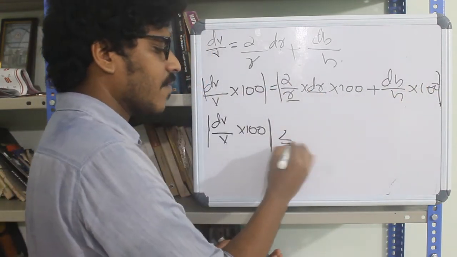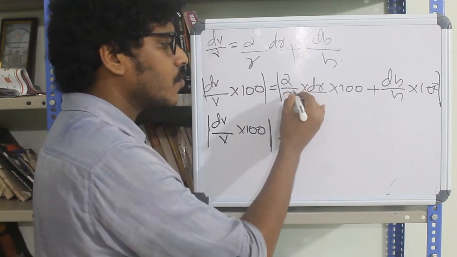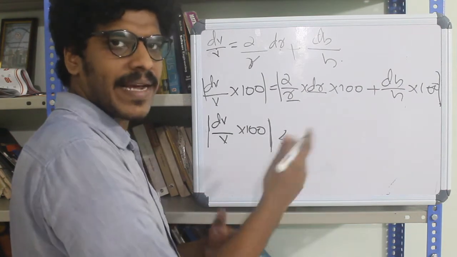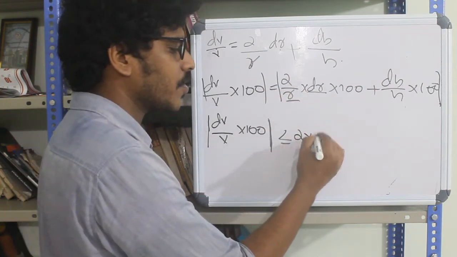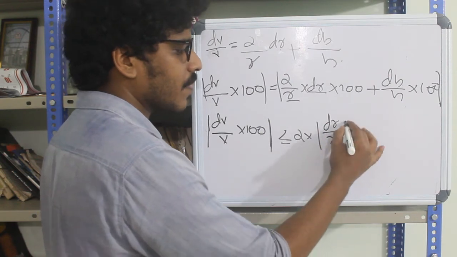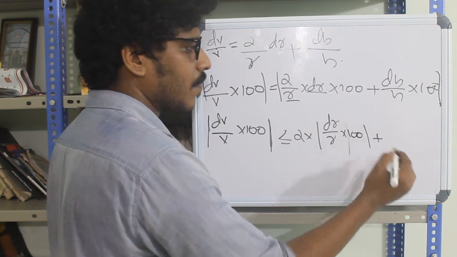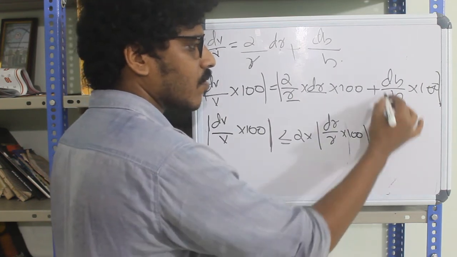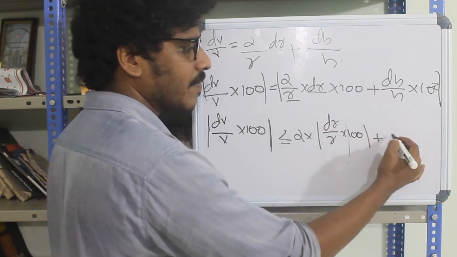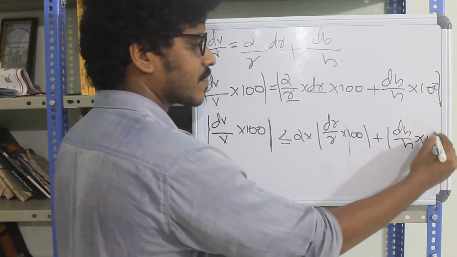Using the triangular inequality, the absolute value will be less than or equal to 2 into the absolute value of dr by r into 100, since 2 can be taken outside being a positive quantity, plus the absolute value of dh by h into 100.